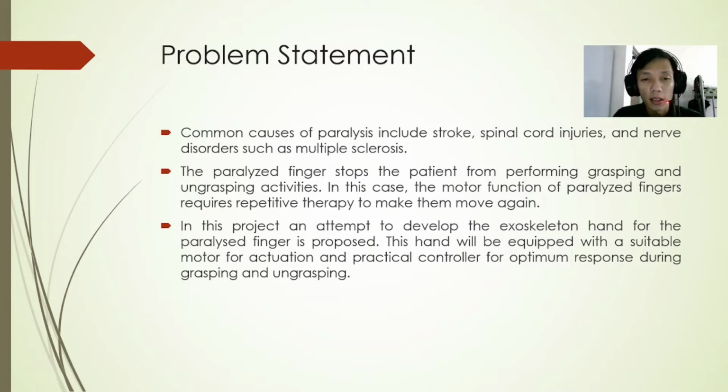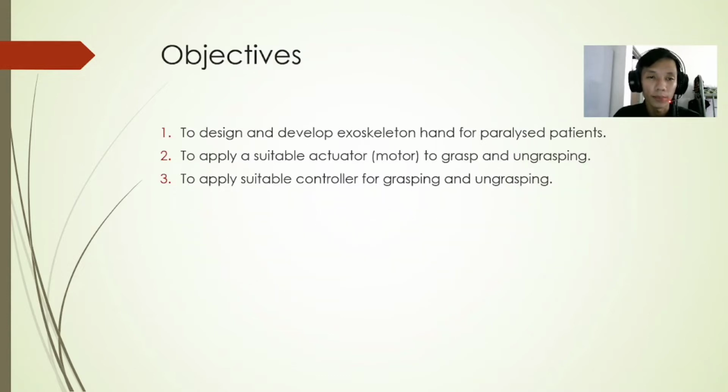Last, in this project, an attempt to develop a skeleton hand for the paralyzed finger is proposed. This hand will be equipped with a stable motor for execution and a practical controller for optimum response during grasping and ungrasping.